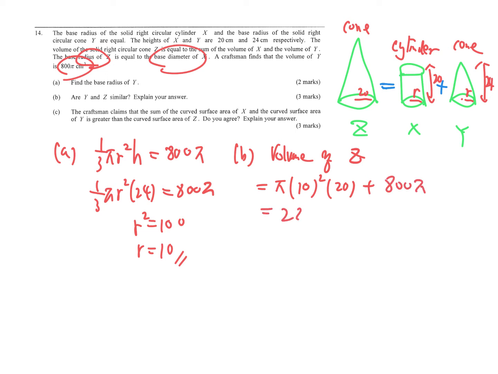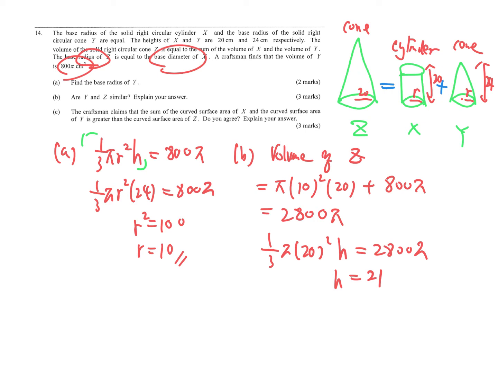So it should be 2800 pi here. Using the formula of the circular cone again, 1/3 pi times 20 squared h is equal to 2800 pi. Finally we got h equals 21.